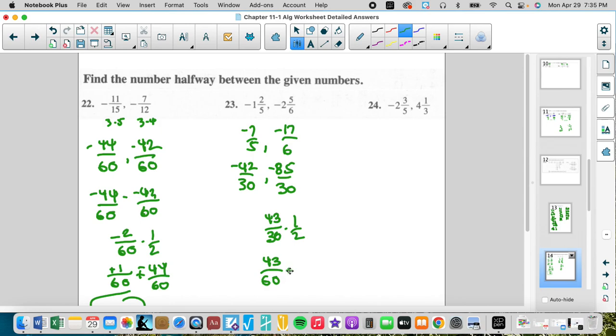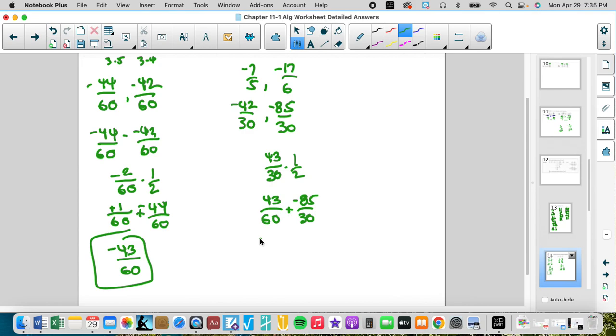Ooh, plus the smaller negative 85 30ths, and then we need to convert that to 60ths, so 43 60ths plus negative 170 60ths, and that's going to give us negative 127 60ths.